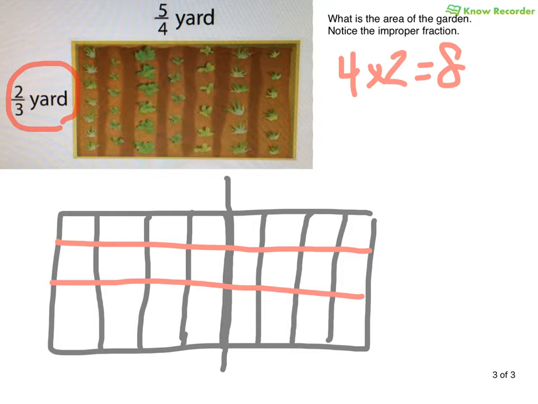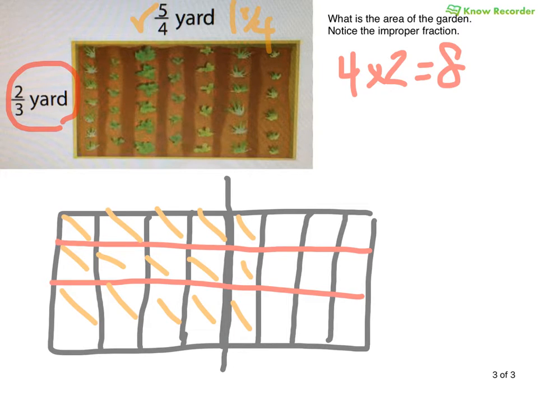So what I'm going to do is take my 5/4 and fill them in. Remember, those were the vertical lines, so I'm going to go down them vertically. There's 4/4, which is 1 whole. Here's 5/4, all right? And we should know that if I were to take a whole out, which is 4/4, I'd have 1 whole and 1 left out of 4, which I do.